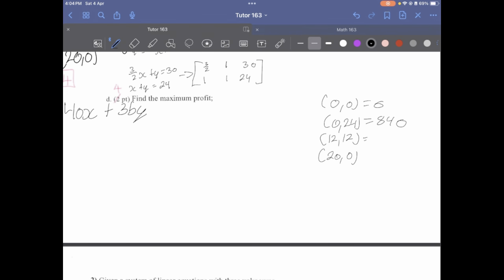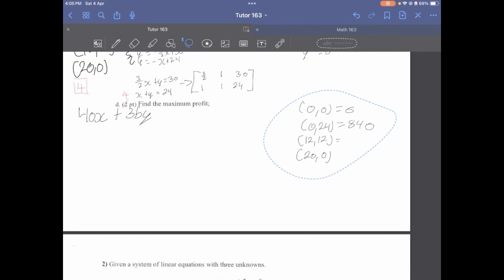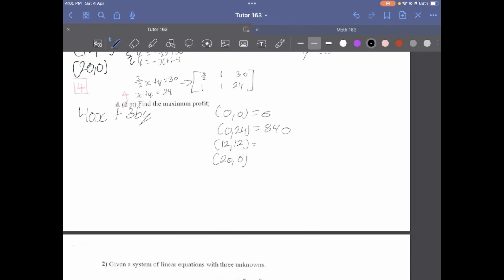Next one, that's 40 times 12, so move this over a bit. That's 40 times 12 plus 35 times 12. That's 900. And then 20, 0, y is 0.